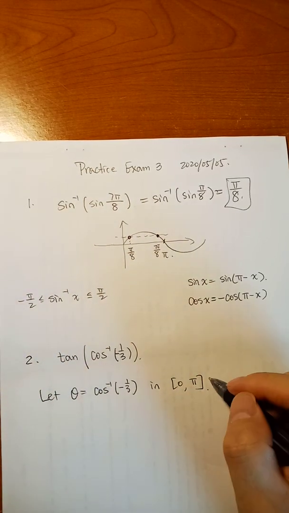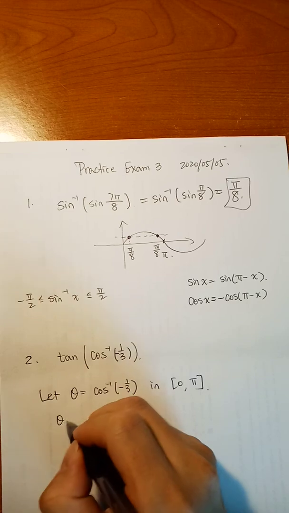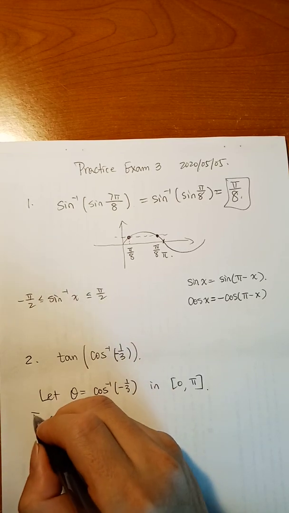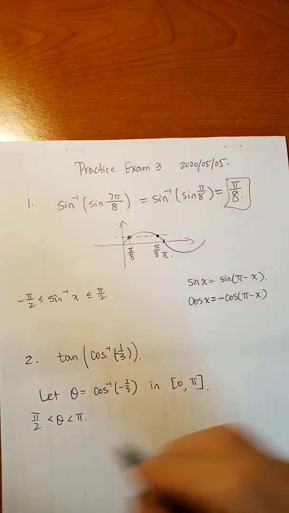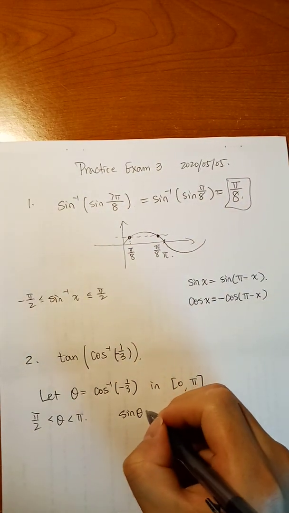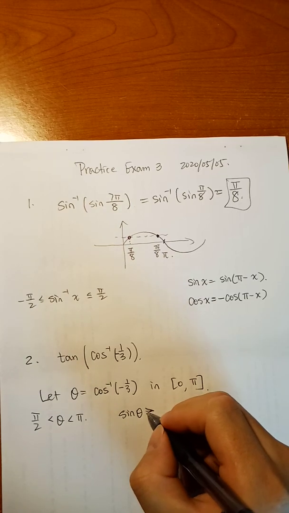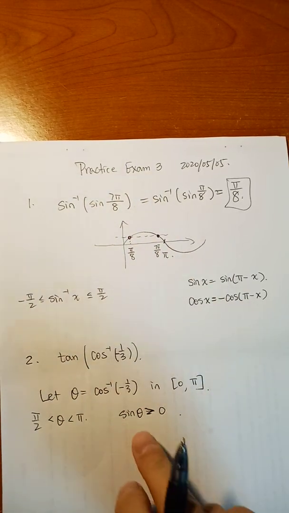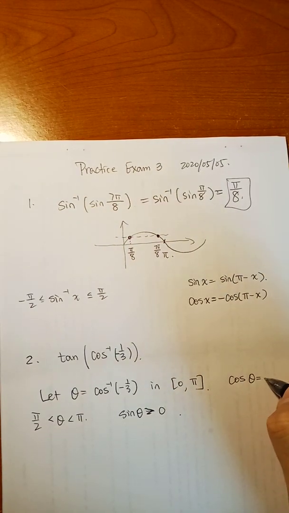We know that cosine is negative in the second quadrant, so theta is between pi over 2 and pi. In the second quadrant, sine theta is positive. And here cosine theta is negative 1 over 3.